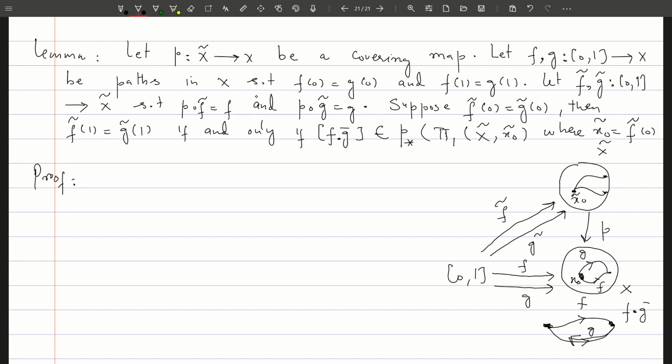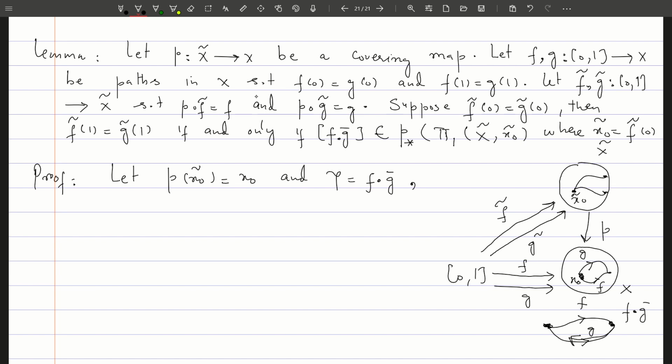So let p of x naught tilde be x naught, and gamma be equal to f product with g inverse, that is this.